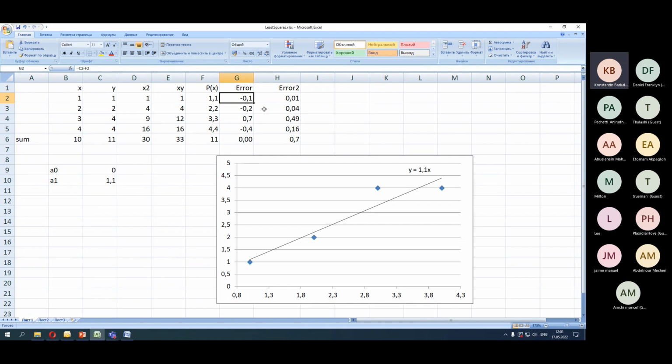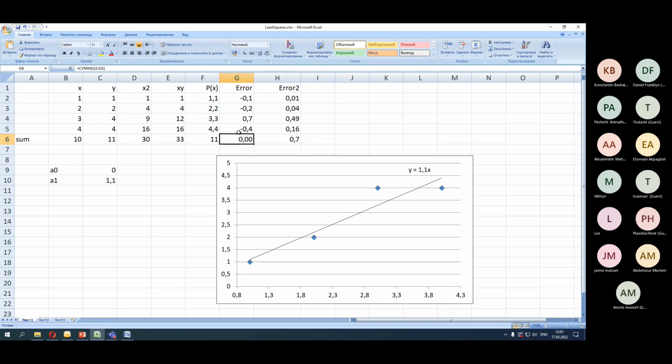The error at this point is 2 minus 2.2, minus 0.2. At this point, 4 minus 3.3, 0.7. And the last point, 4 minus 4.4, minus 0.4. And you see that the sum of the errors is 0.